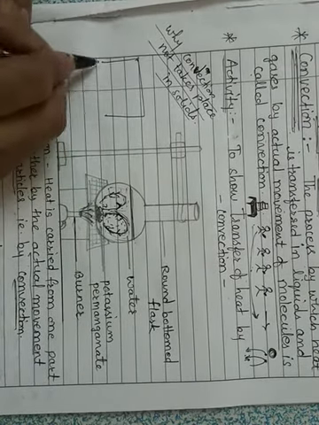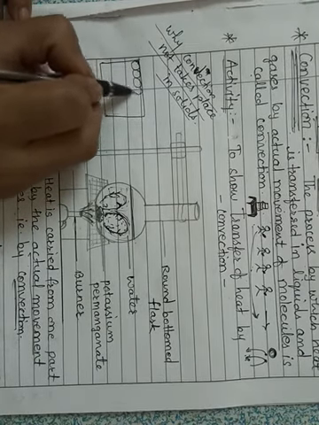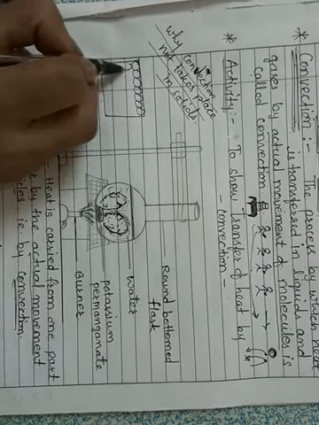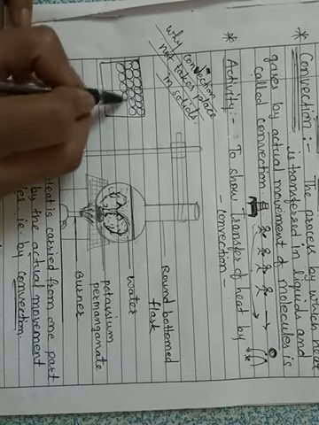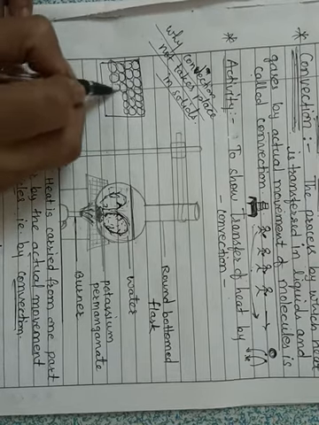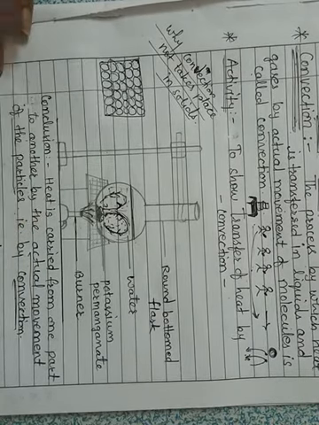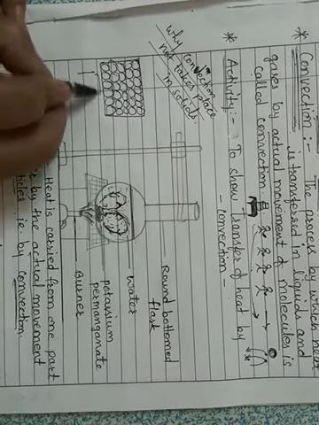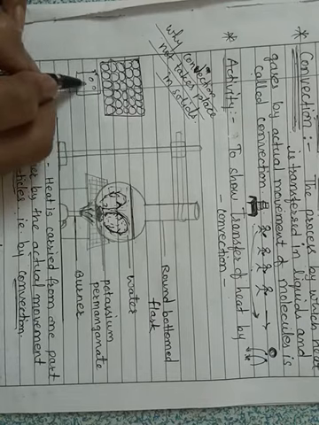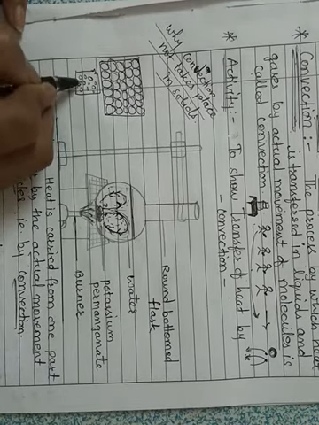See, in solids the particles of the matter are very closely packed, very tight, and they cannot move from their place. Okay, they cannot change their place. But in liquids the particles are away from each other and they have space to move.